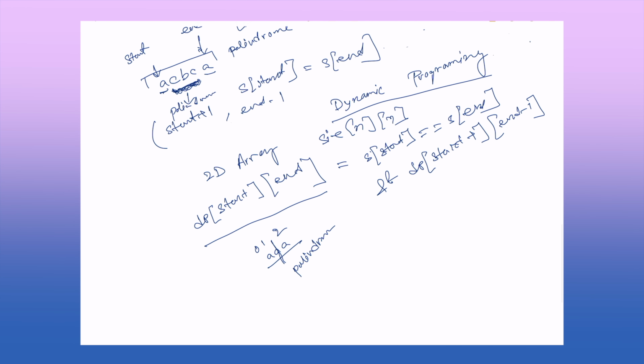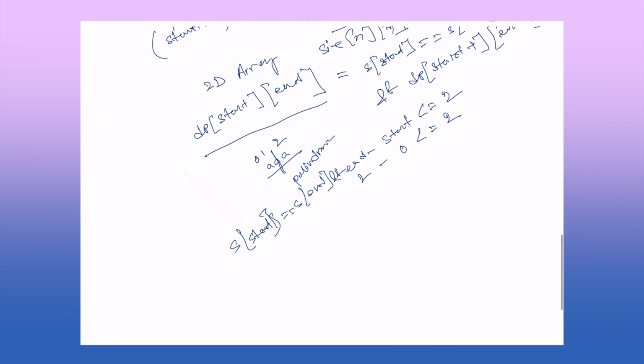So in that case we can say, if end minus start less than or equal to 2, here end is 2, start is 0, so 2 less than or equal to 2, then we can simply say if s of start is equal to s of end and end minus start less than or equal to 2, then the string started at start and ended with end is palindrome.